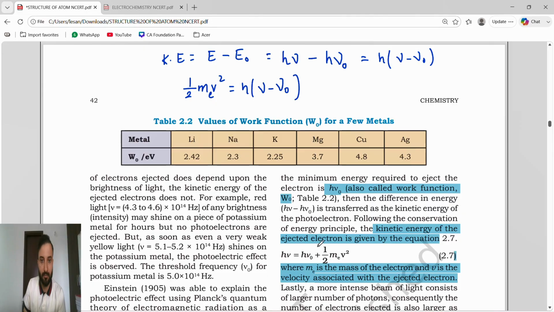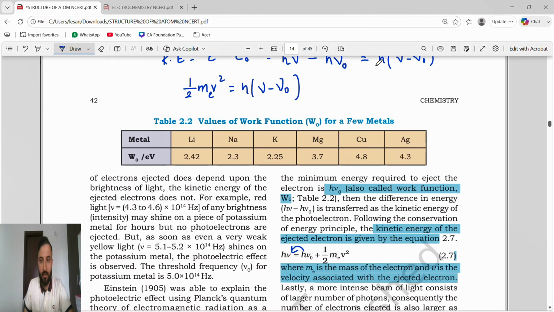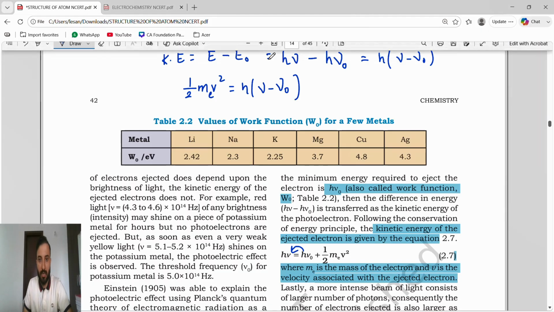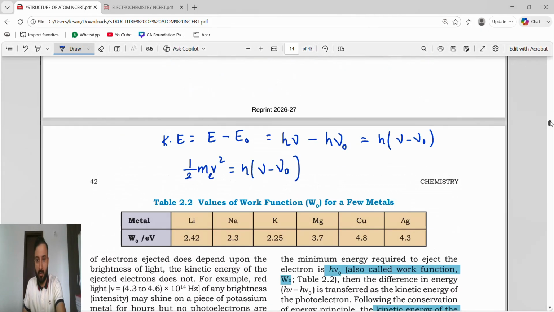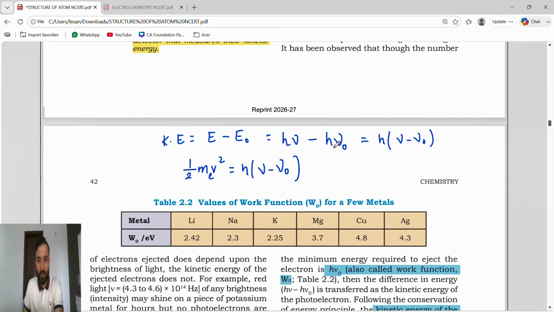Now see, guys, this thing I have written, you can write like this also. Kinetic energy is half m v square, you send this side: h nu minus h nu naught. See h nu minus h nu naught.